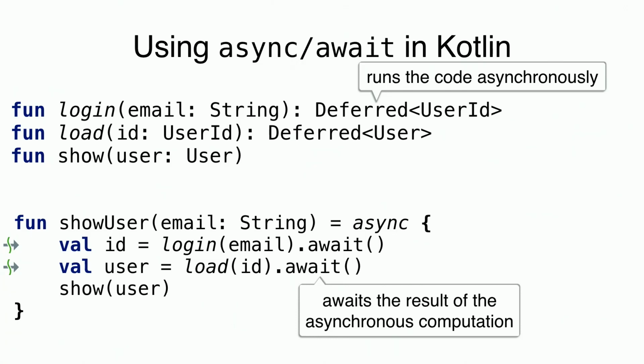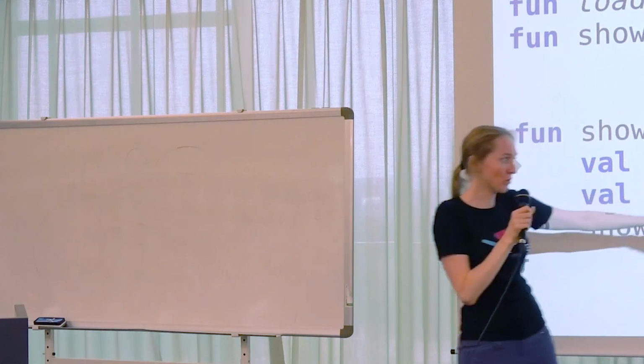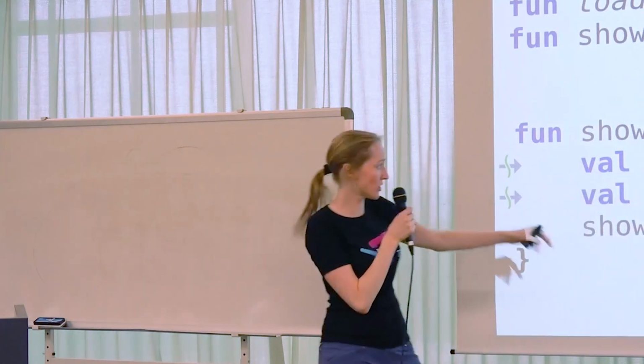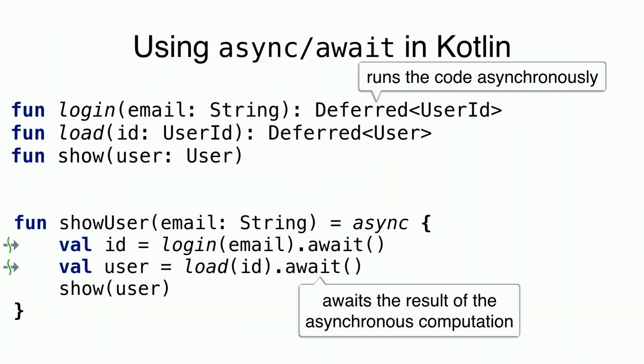Here, we still return the future, and now in Kotlin case, it's called deferred, but it's essentially the same idea, the same as completable future or single. And then you can call await to await the result of the asynchronous computation. So here we somehow suspend our computation and continue when we are done.